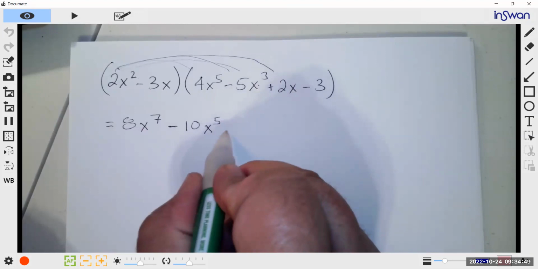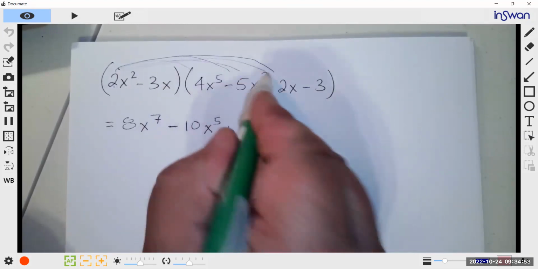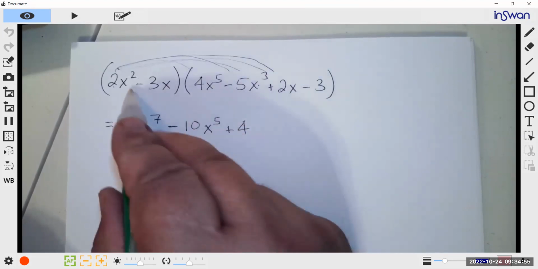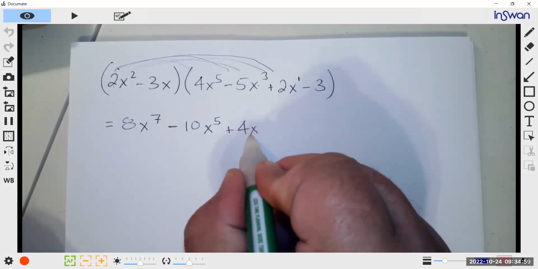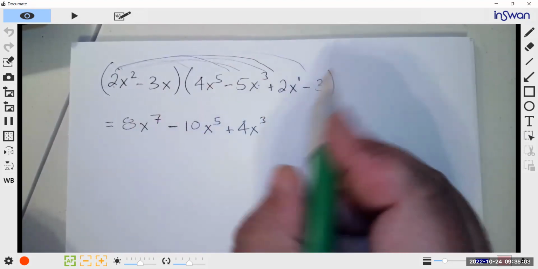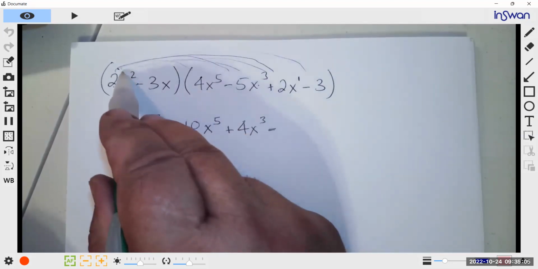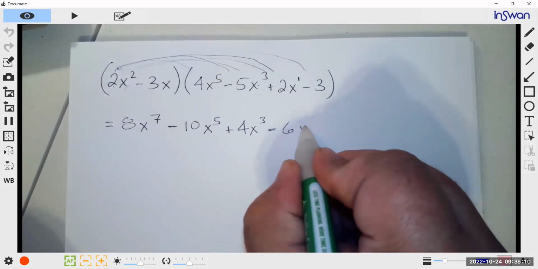Positive times positive is positive. 2 times 2 is 4. There's 2 x's there, there's 1 x there, so 2 plus 1 is 3. Positive times negative is negative. 2 times 3 is 6. And we have x squared.